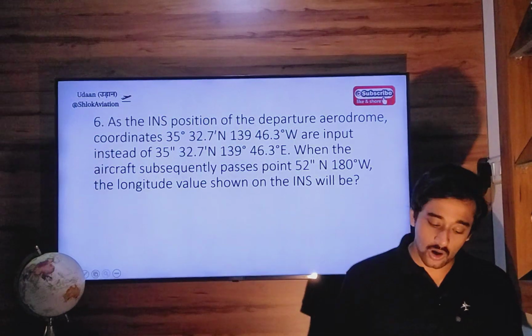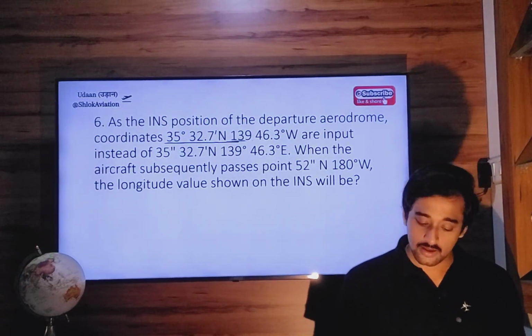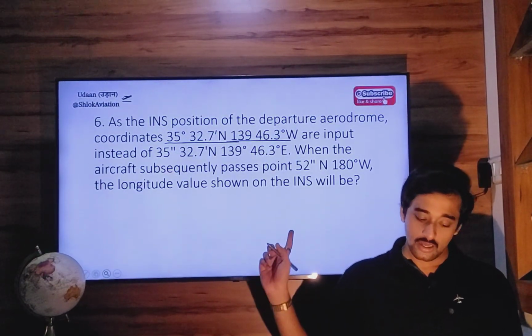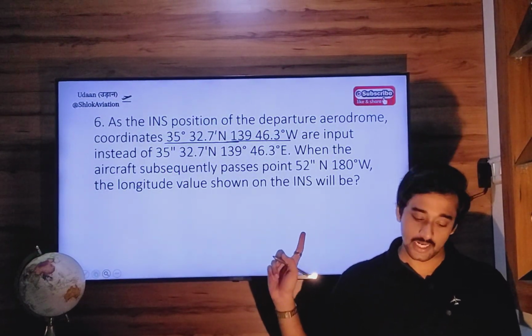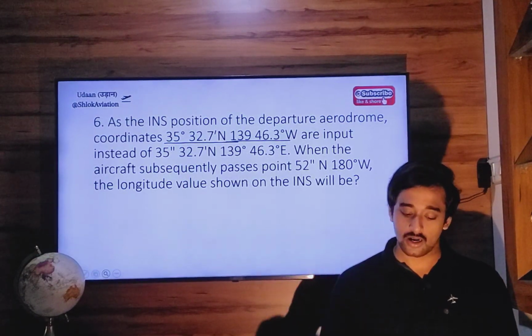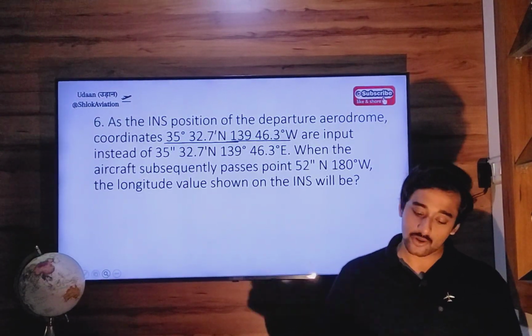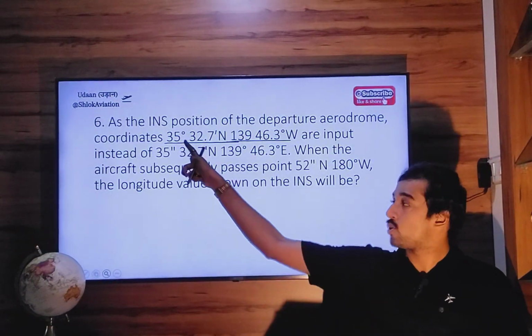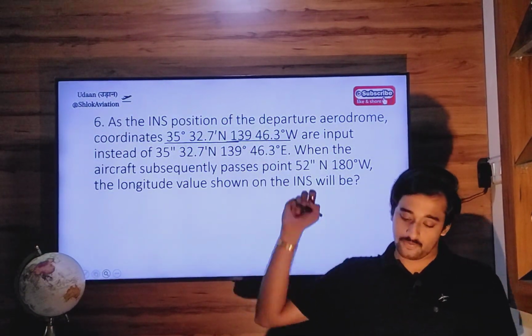So this is the wrong coordinates that you have put. The correct coordinates are 35 degree 32.7 minutes north, 139 degree 46.3 minutes east. Okay, these are the correct coordinates. So instead of that, you have put these coordinates in the system.